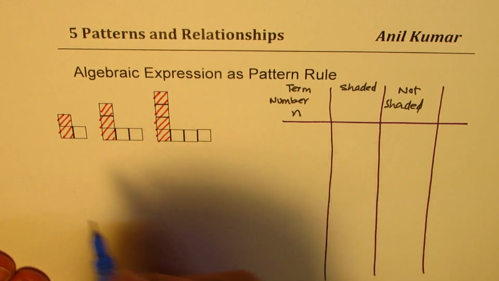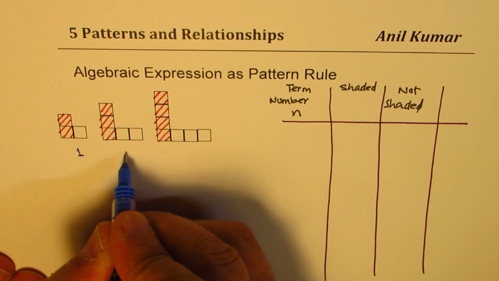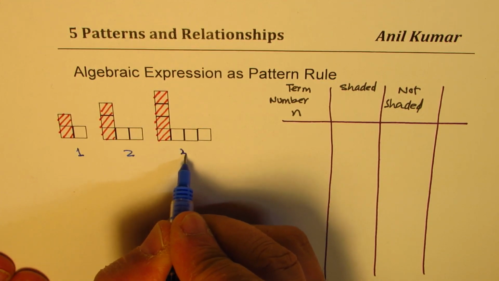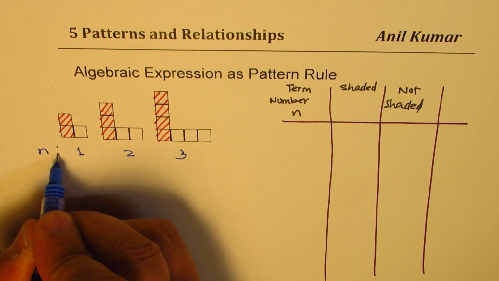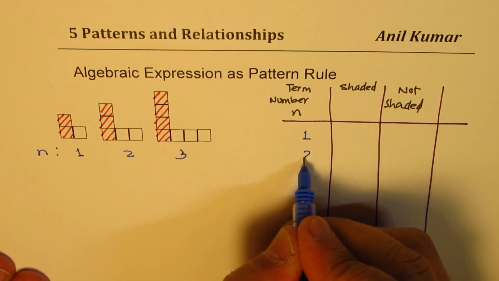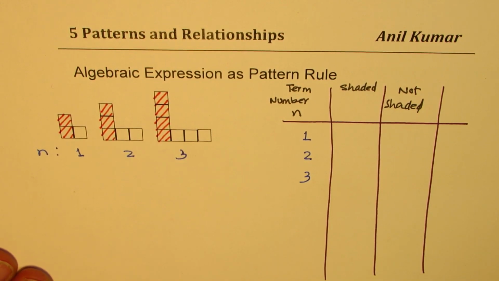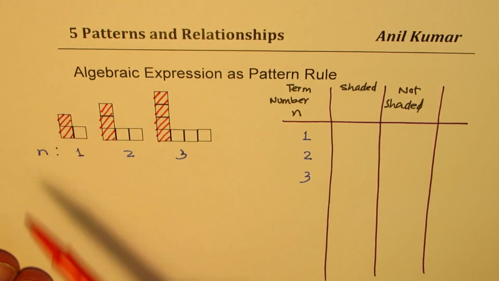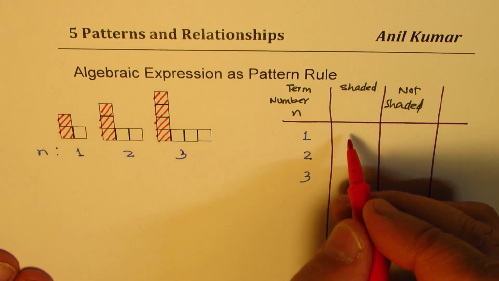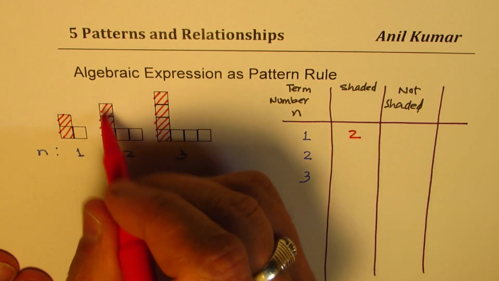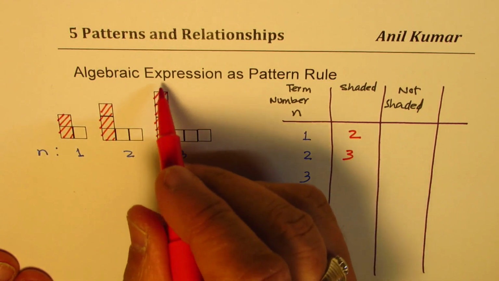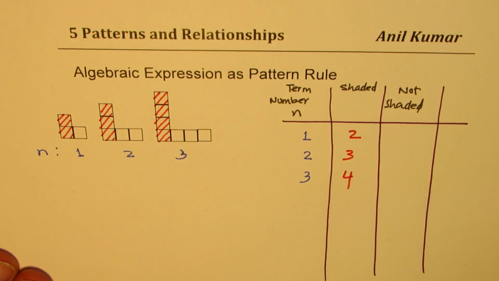So what we say here is that n is equal to 1, 2, 3, right? So that is the value of n for us. We can write here n is 1, n is 2, n is 3. Now shaded. In the first one, we have shaded 2. In the second one, we have shaded 3. In the third one, we shaded 4.